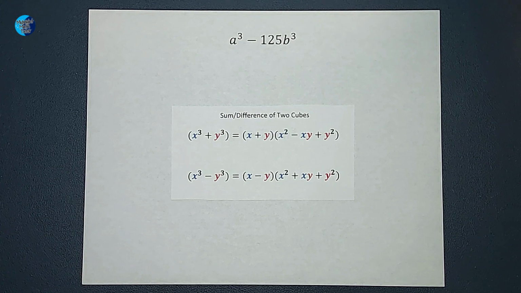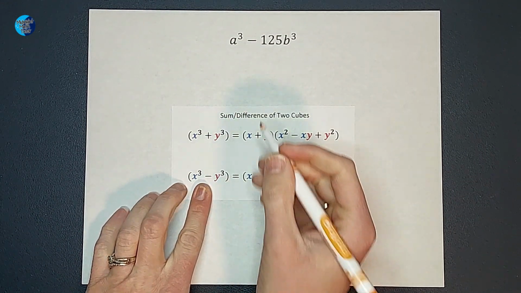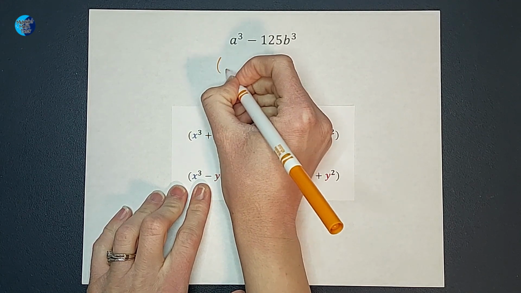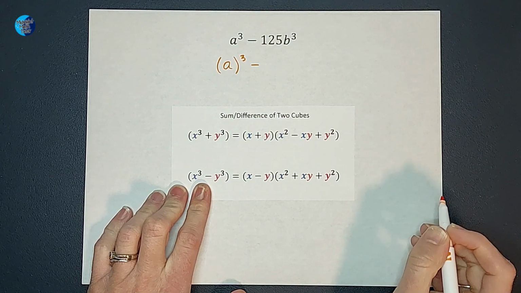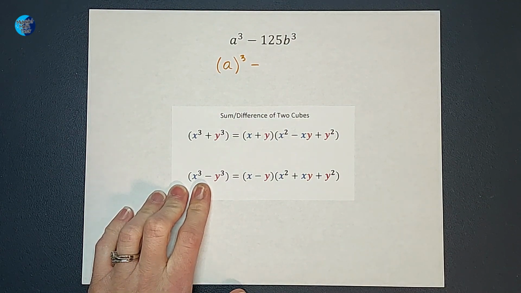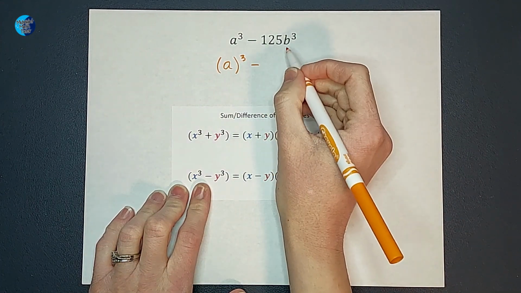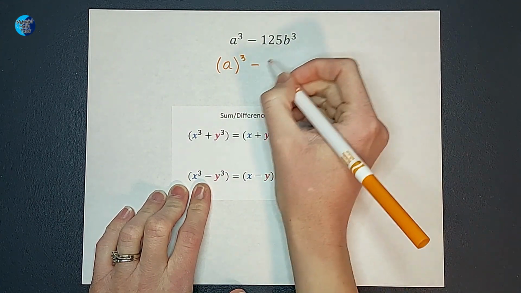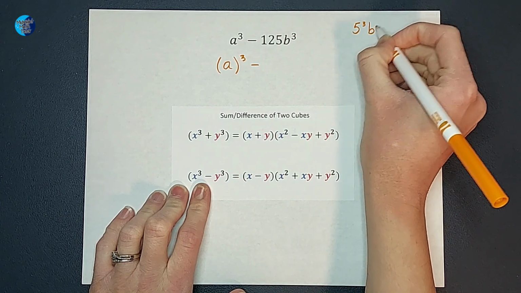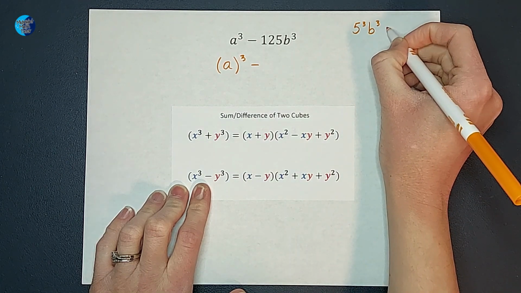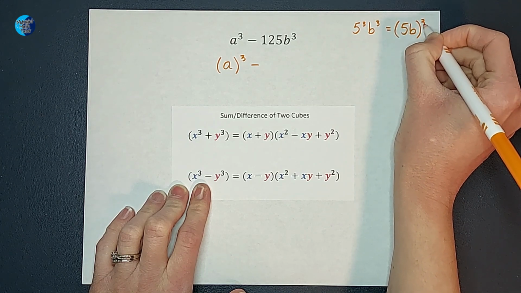So let's see how I can rewrite this to look more like this. So I can have a cubed minus, remember we figured out that 125 is the same as 5 cubed. So I can write this as 5 cubed, right? But then I also have the b cubed. And instead of writing it like that, I can write it like that.